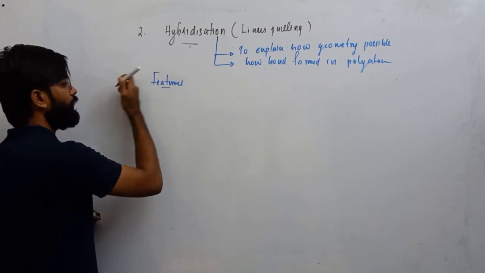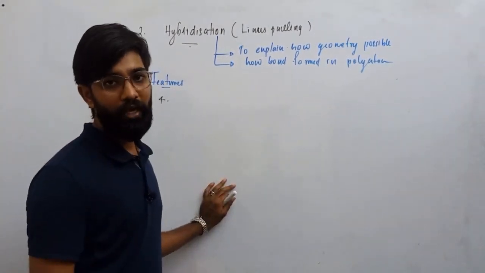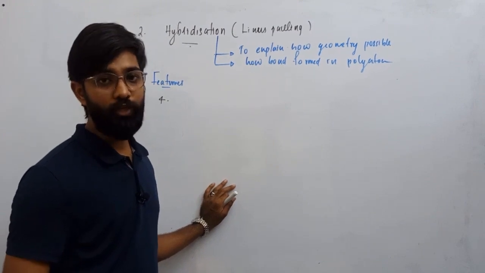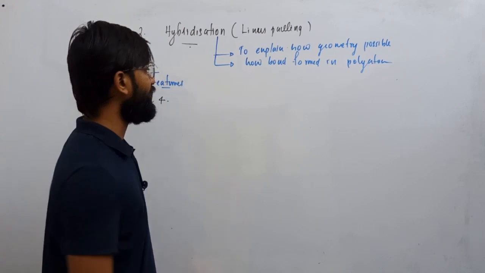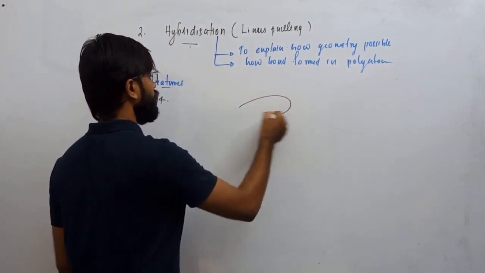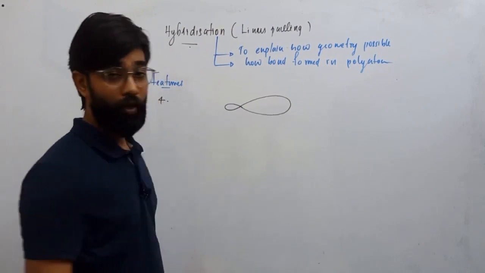That is the third postulate. The fourth postulate, each hybrid orbital has a positive longer lobe and a negative smaller lobe. This is the shape of a hybrid orbital.